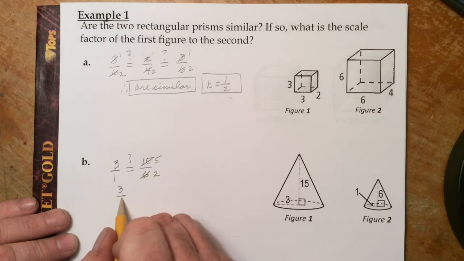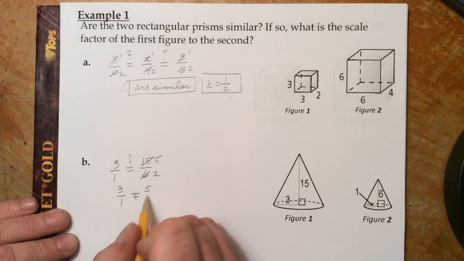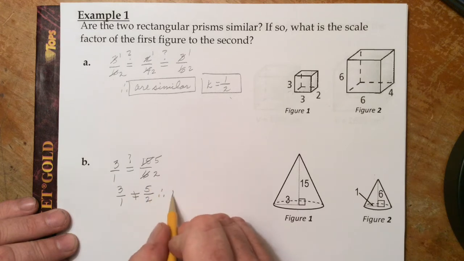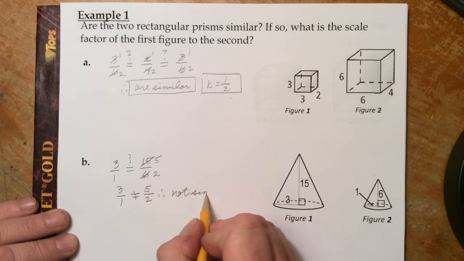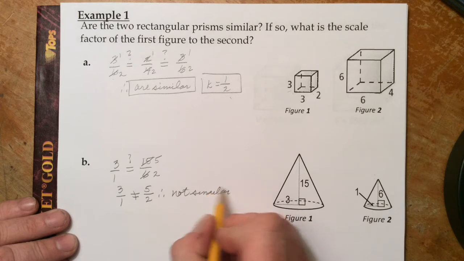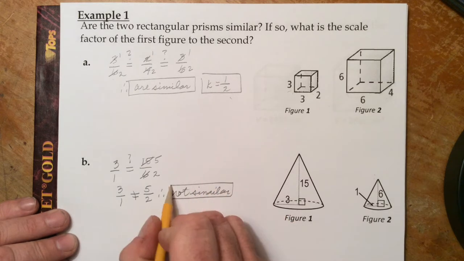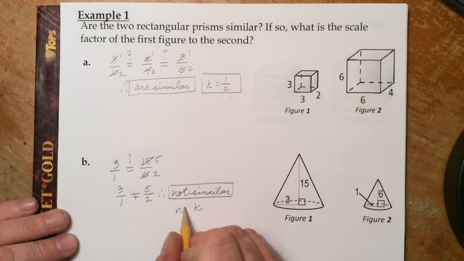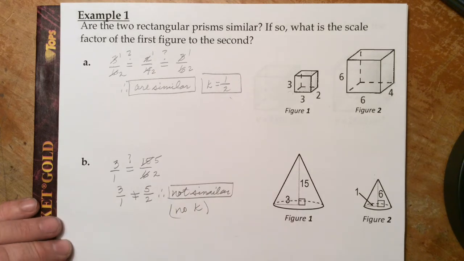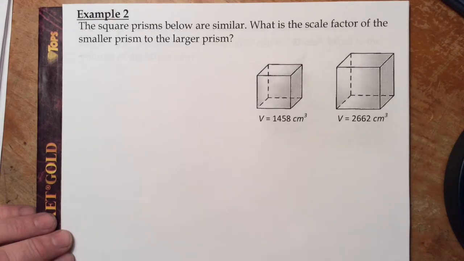And so as you can see, 3 to 1 does not equal 5 to 2. Therefore, these are not similar figures. And so there's no K. No scale factor.